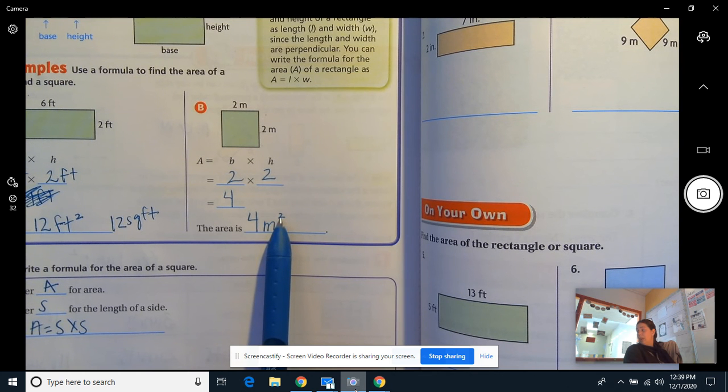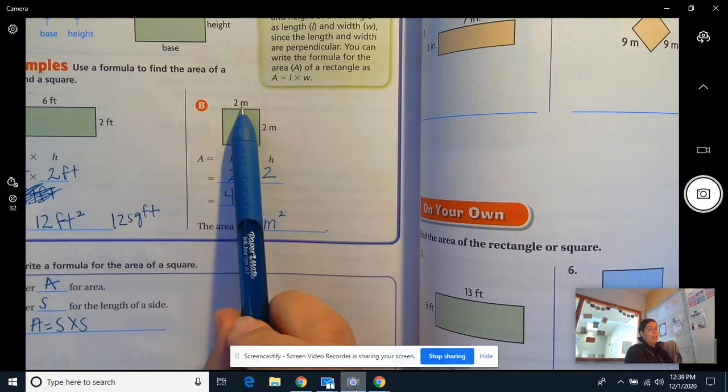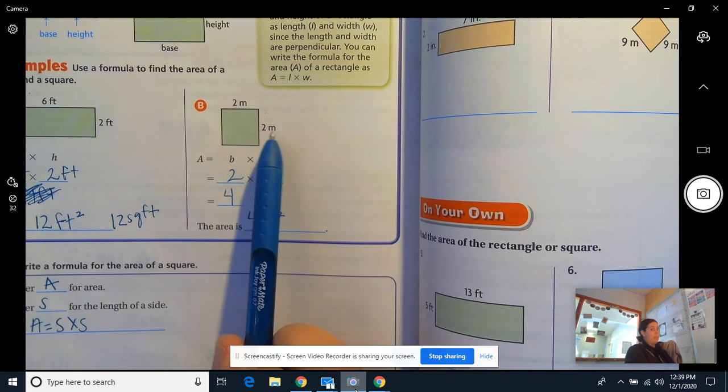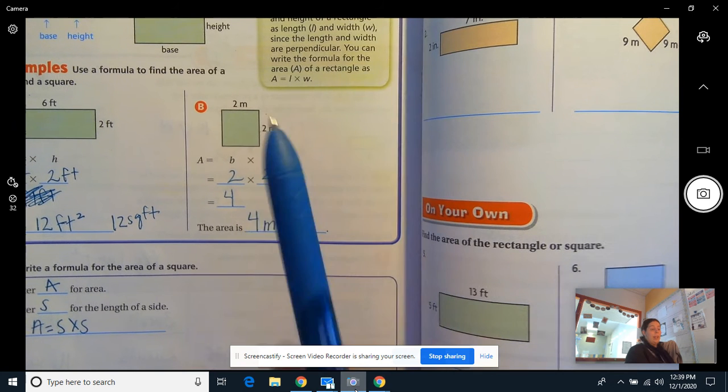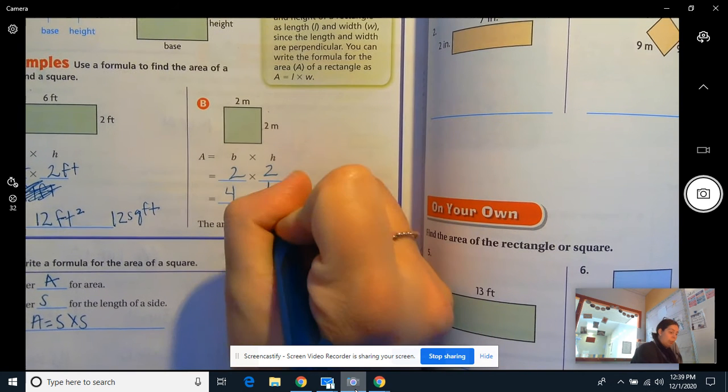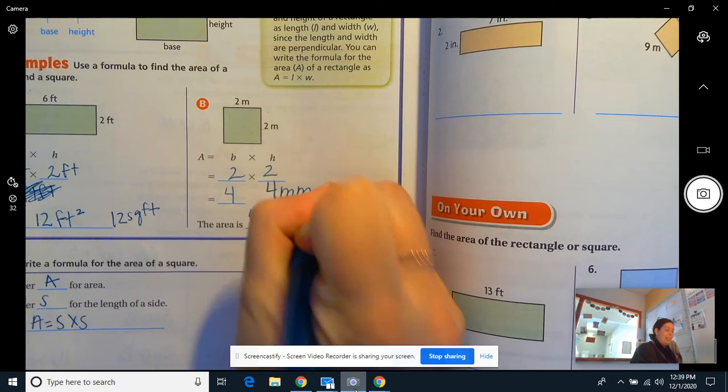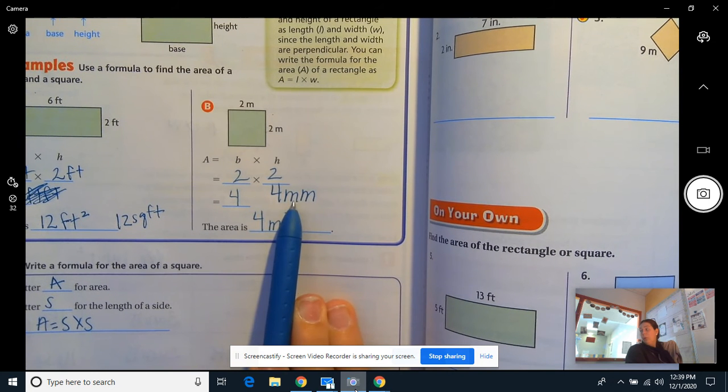No one needs to comment. I'm going to explain it, guys. This stands for squared. Whenever I take a unit times another unit, this is meter times meter. When I do that, I get 2 meters. And so my answer, if I did that, would be 4 mm. That's not how we write it in the math world. That's wrong, okay?